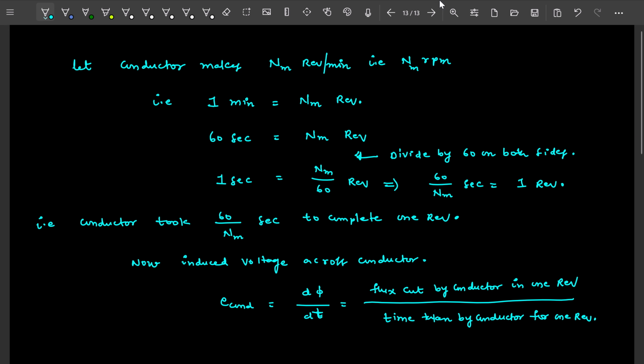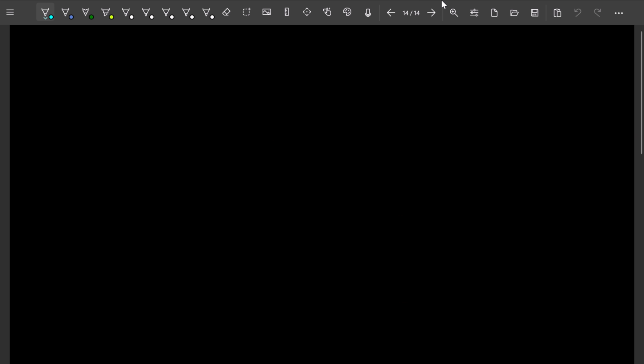Okay, we already know that the flux cut by the conductor in one revolution, that numerator term, is nothing but phi p. You have already derived phi p, and the time for one revolution by the conductor is nothing but 60 by Nm.